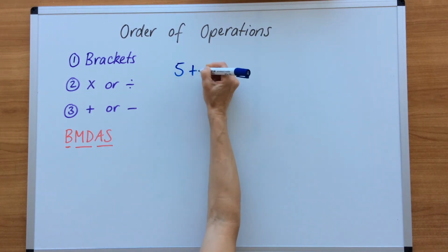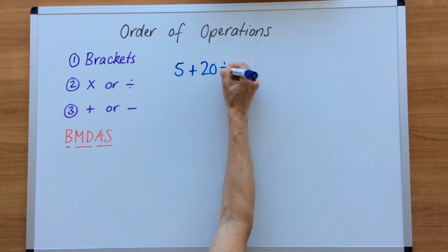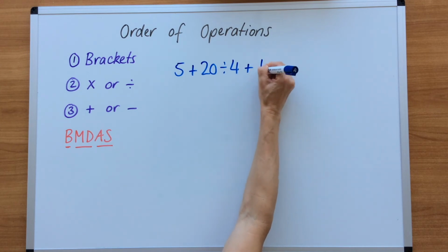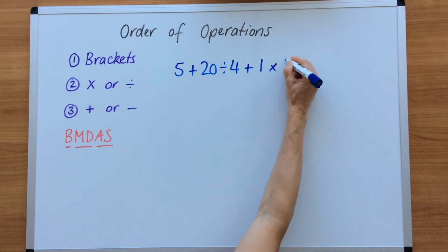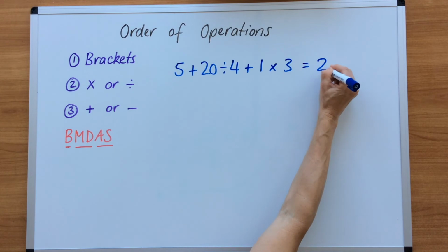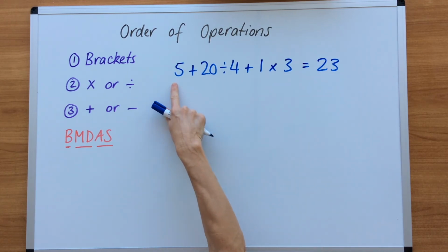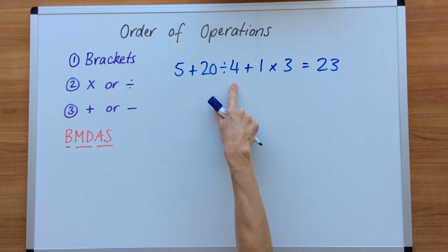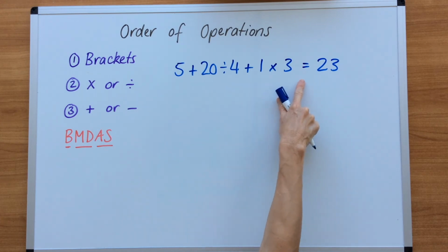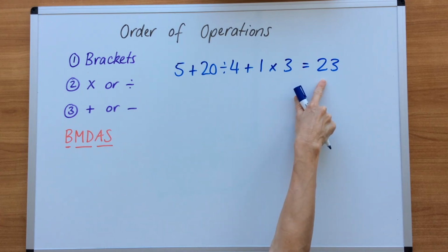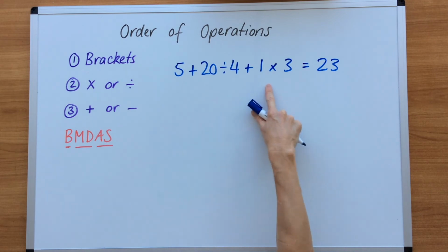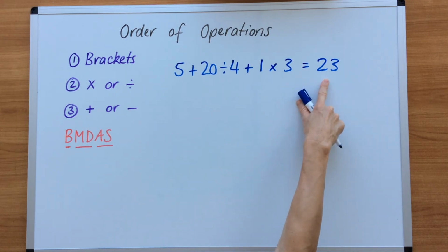This is a big one. 5 plus 20 divided by 4 plus 1 times 3 equals 23. So again, we've got 5 plus 20 divided by 4 plus 1 times 3 is 23. And we've got to figure out where the brackets go in order to achieve 23.